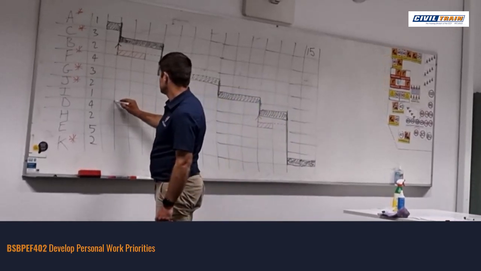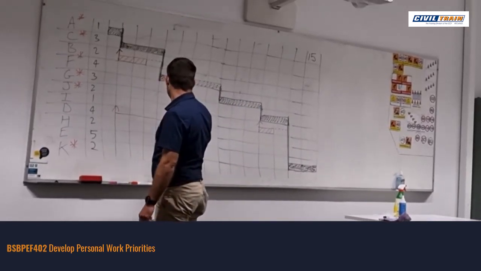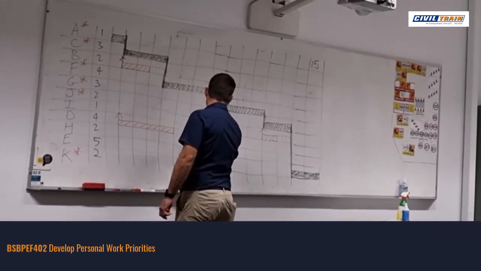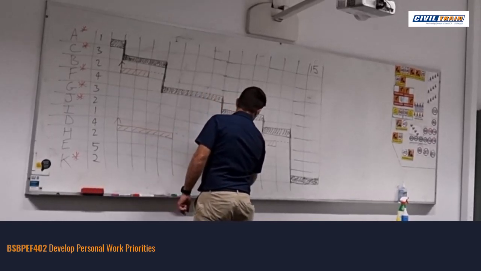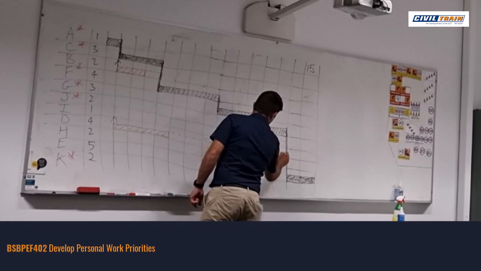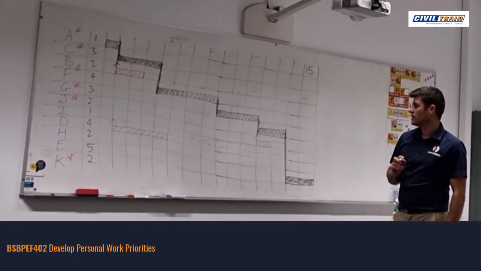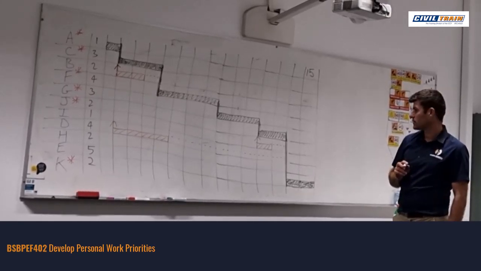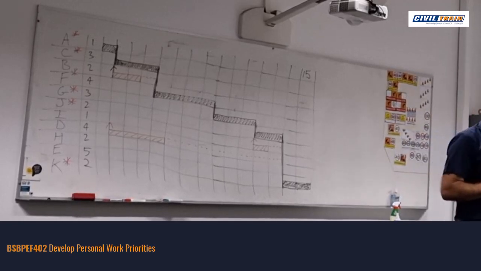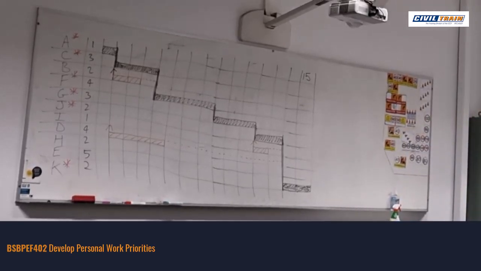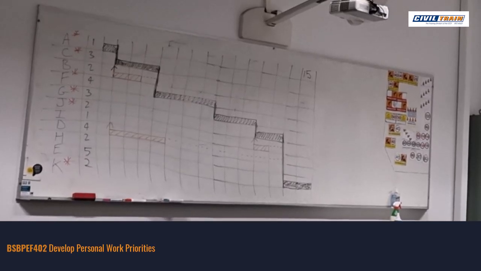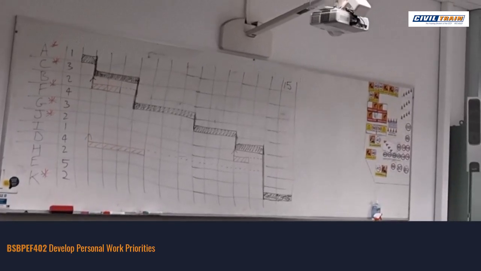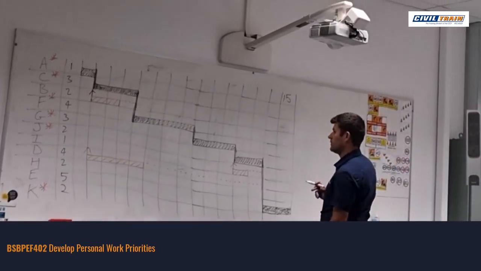Then I've got D, which I don't think is... that's got a lot of... I think H is dependent on D and F. Where's F?